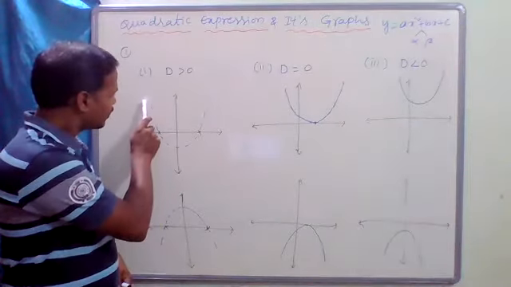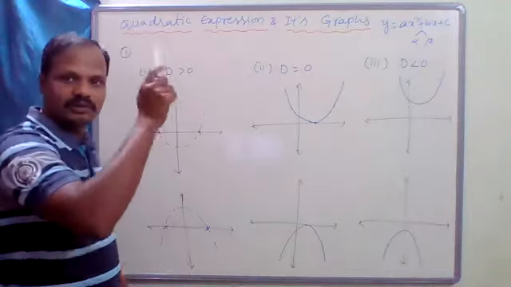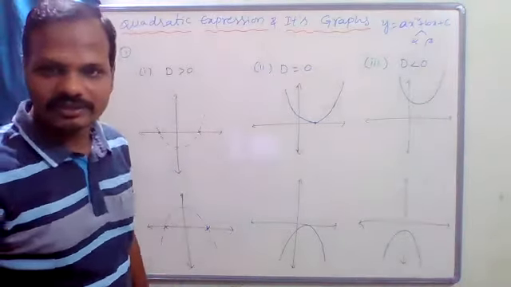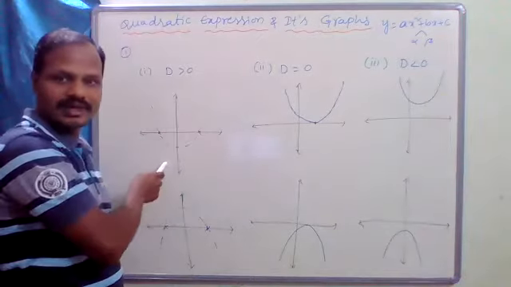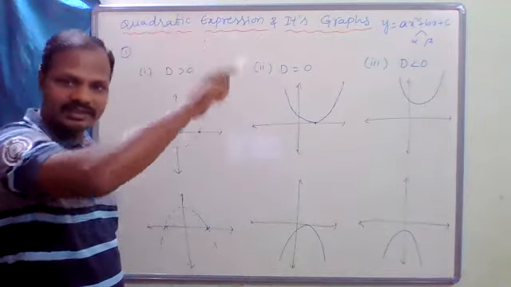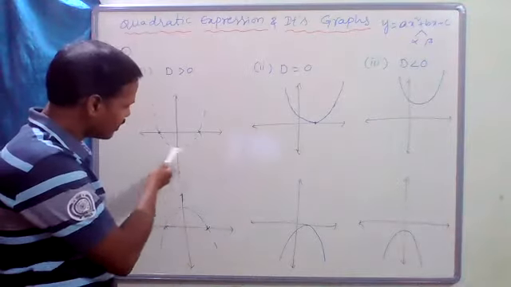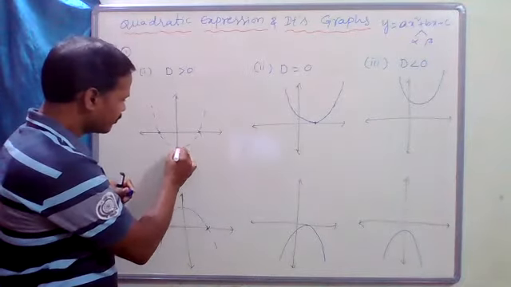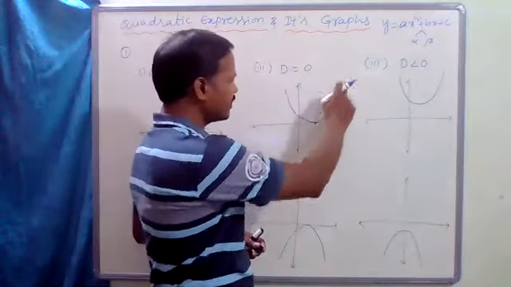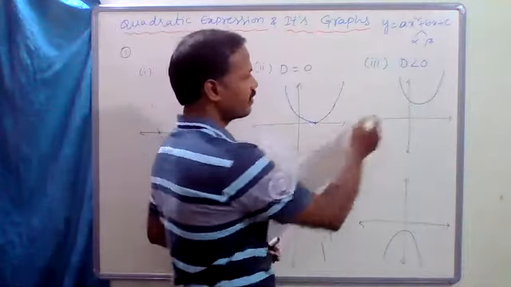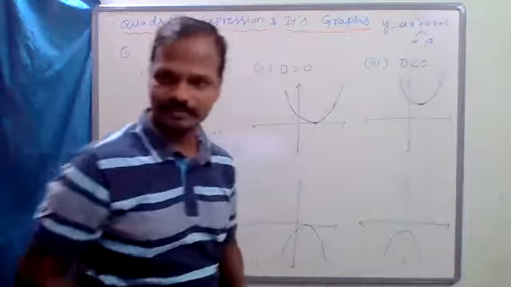This graph is decreasing, then increasing. So maximum, minimum. In first year we discussed the maximum and minimum. While the graph is decreasing then increasing, it has a minimum. Here it has a minimum. Next, this graph is also decreasing, increasing, so it has a minimum. This also has a minimum here.